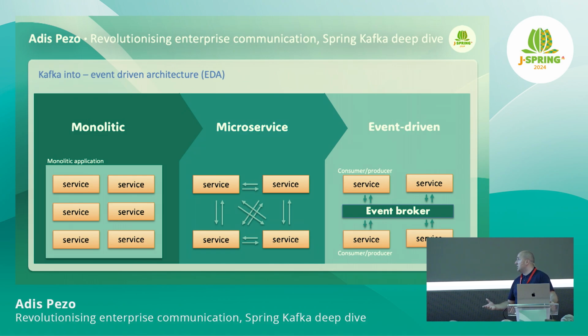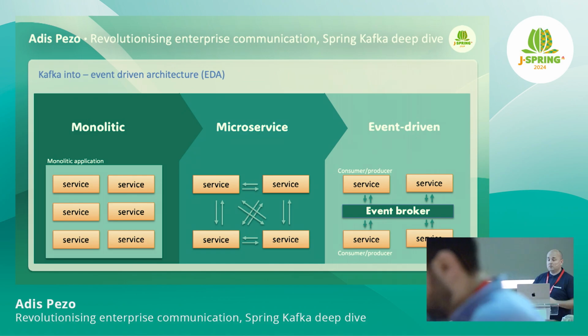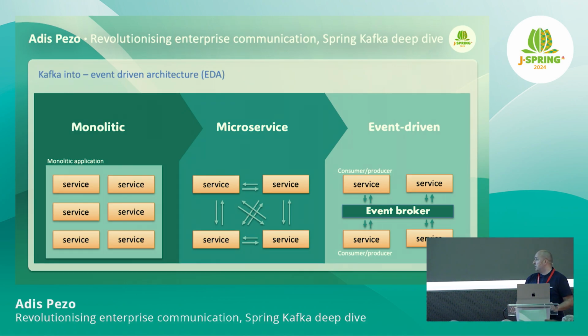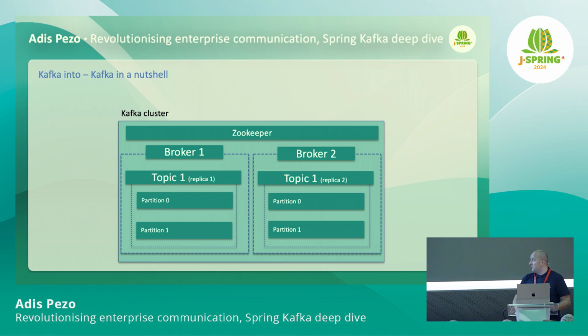And then basically came the event-driven architecture, where the event broker is placed in the middle, and every service, which now is being called a consumer or a producer, can communicate with the event broker. And one of those enablers of event-driven architecture is Kafka.